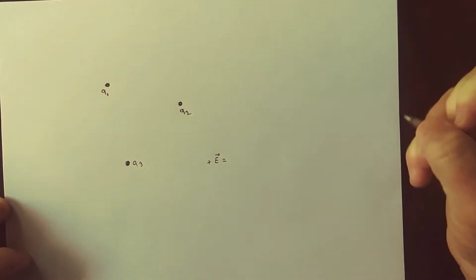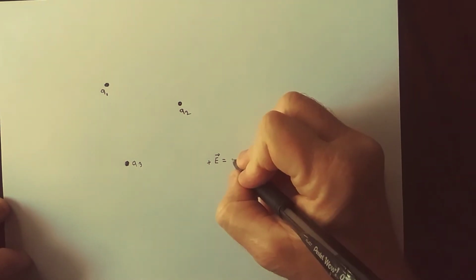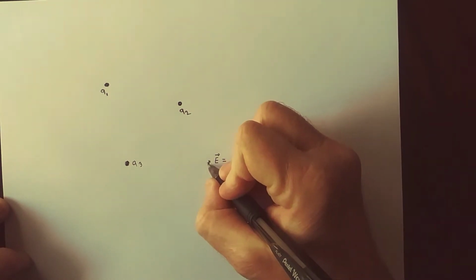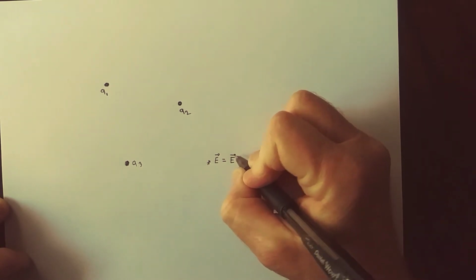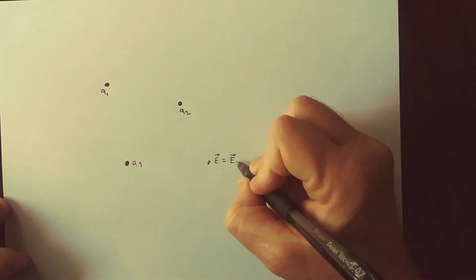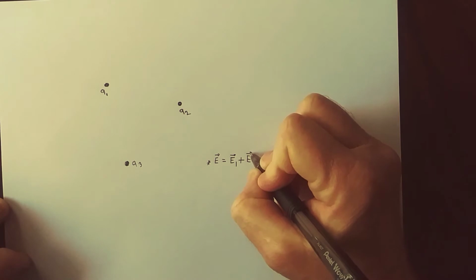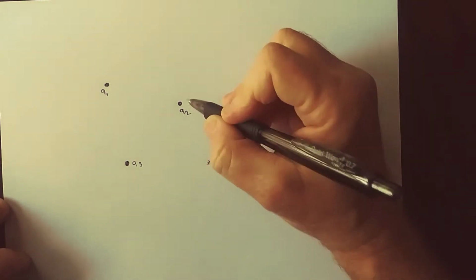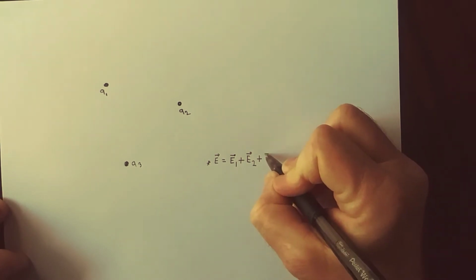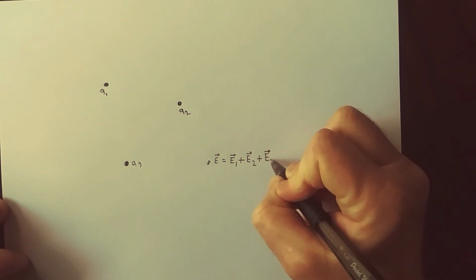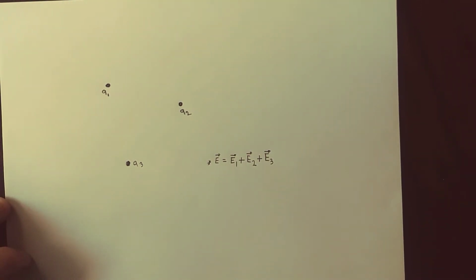The electric field at some point, say right here, is just the sum of the electric fields. We imagine that we got this from doing experiments. So at this point, the electric field is the electric field due to the particle of charge Q1, which we'll call E1, plus the electric field due to the particle of charge Q2, which we call E2, plus the electric field of the particle of charge Q3, which we call E3.